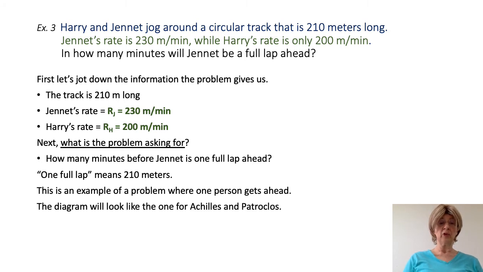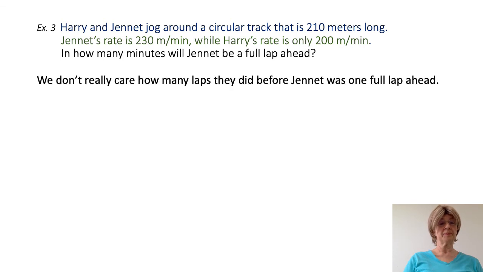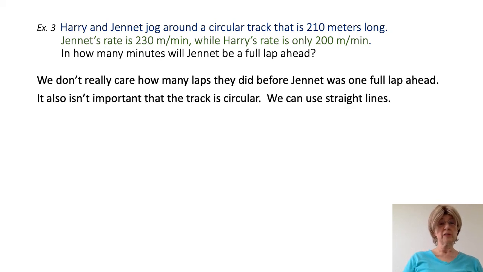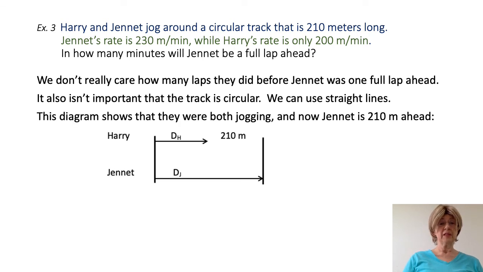The diagram will look like the one for Achilles and Patroclus. We don't really care how many laps they did before Janet was one full lap ahead. It also isn't important that the track is circular. We can use straight lines. This diagram shows that they were both jogging, and now Janet is 210 meters ahead, one full lap.